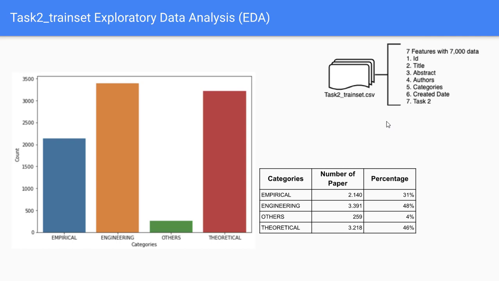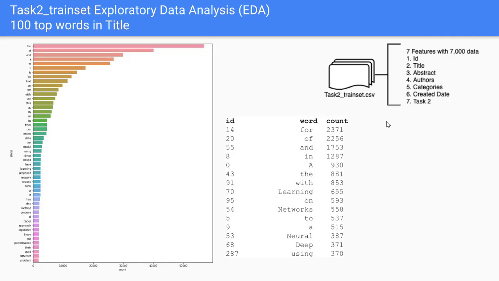As we can see on the slide, the most distribution falls into the engineering category, and the least percentage of the distribution is the others category, at 4%. As we can see, the distribution percentage is not equal. And then we would like to use the title and also the abstract for the features.